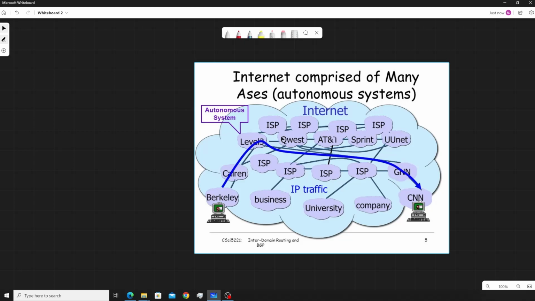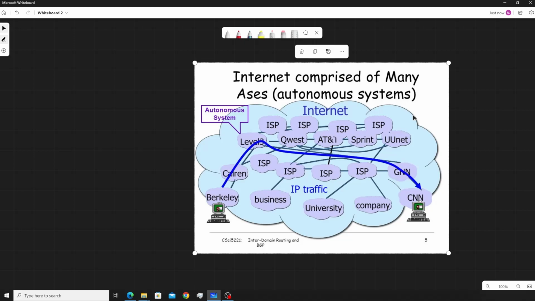There are not that many actors out there in terms of autonomous systems, and for the most part, these autonomous systems know each other, because they're constantly delivering messages on behalf of their users to each other, and they keep each other up to date with the range of IP addresses that they own. So usually it's easy to deliver messages between different ISPs.